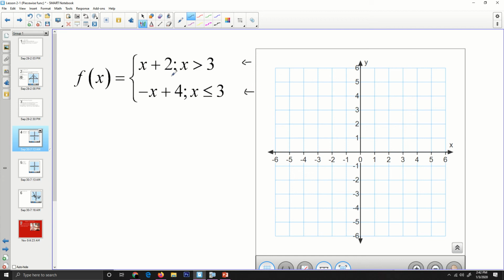And this first piece is defined for values of x that are greater than 3.